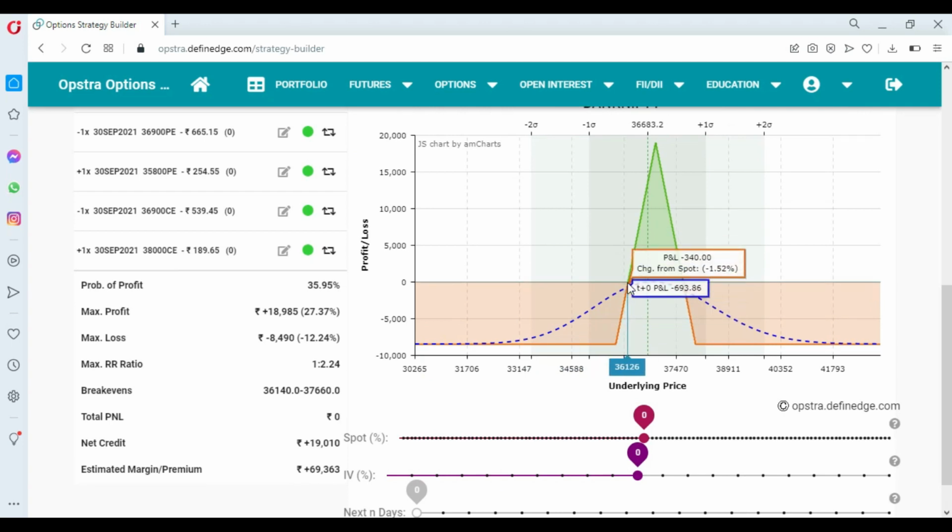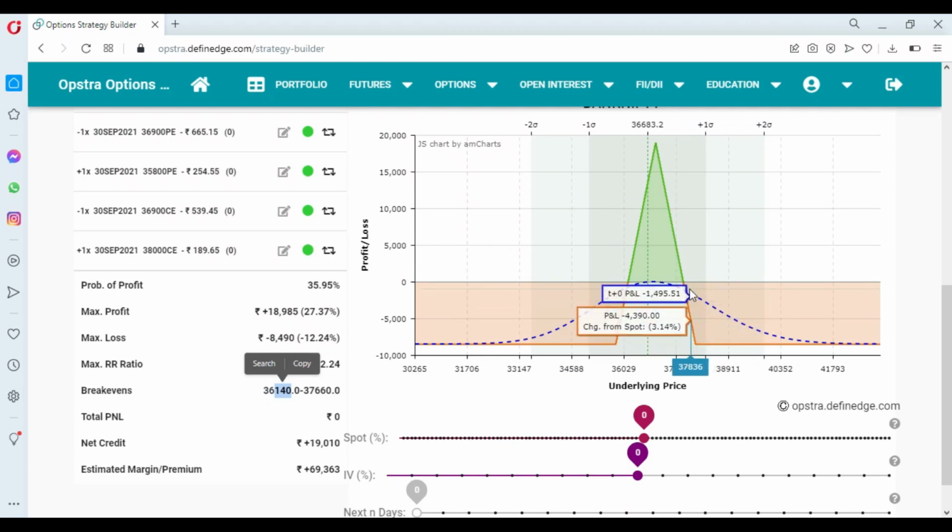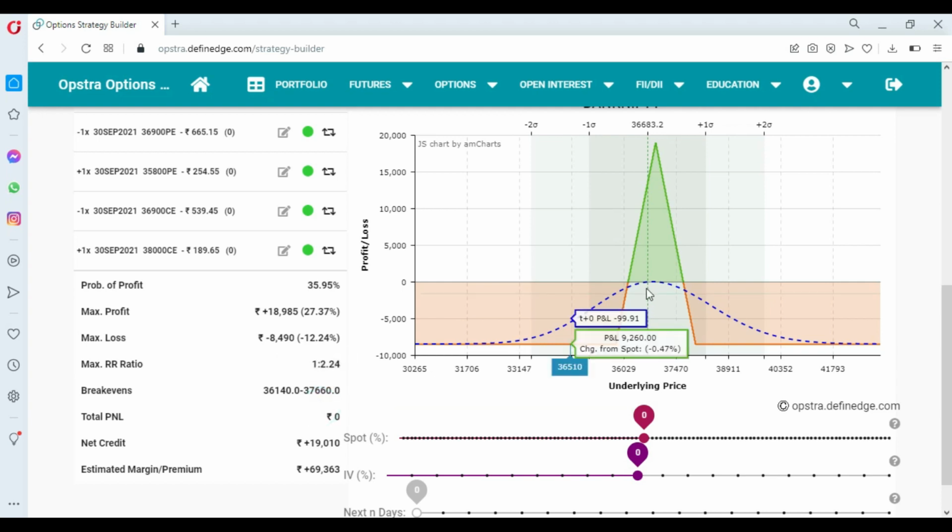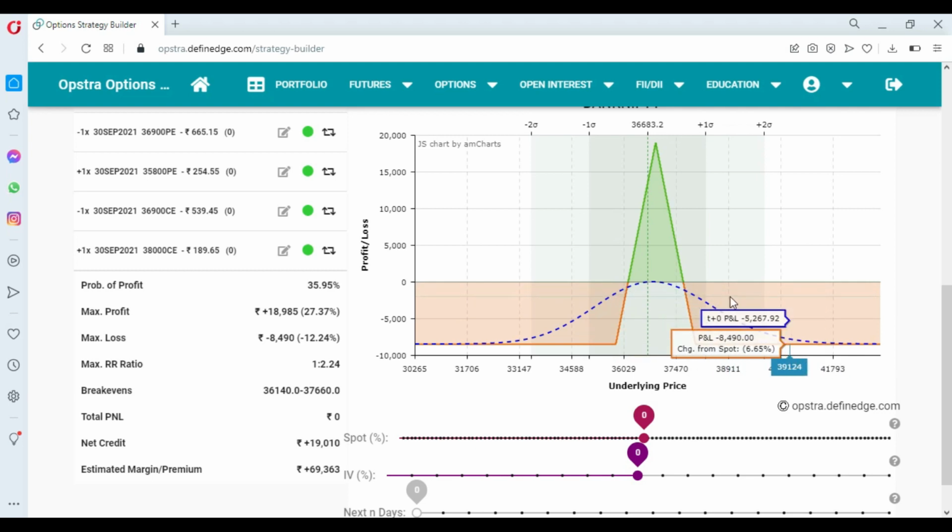The first break-even point on the lower side is 36,140, and on the higher side the break-even point is around 37,660. So once the market or Bank Nifty moves beyond this point, on the lower side or the higher side, your loss starts. So your risk is only after this particular point.